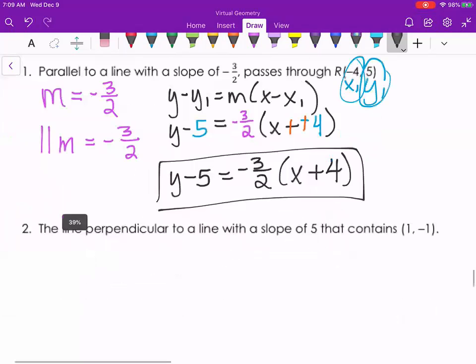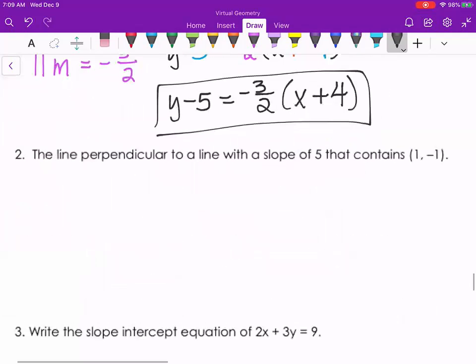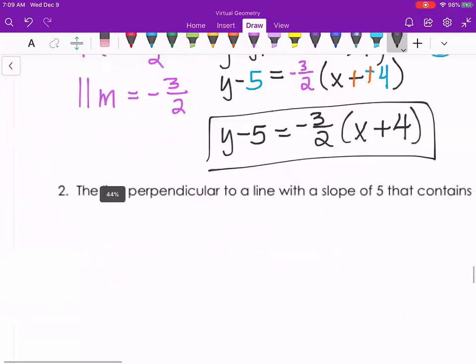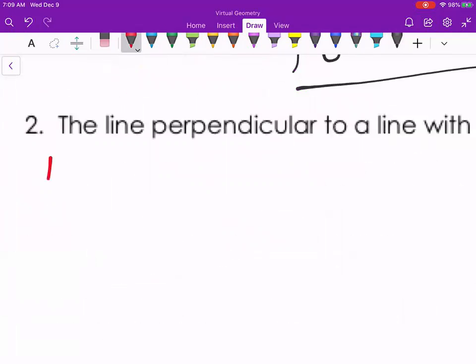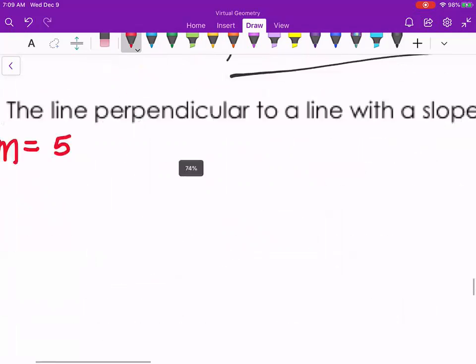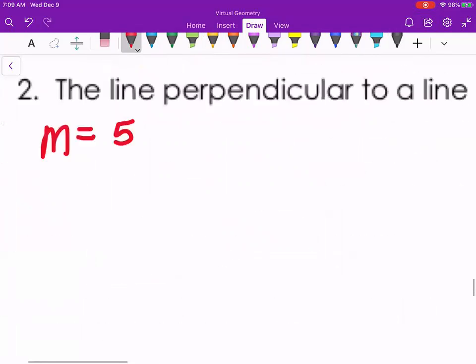All right, now let's see what happens if we do perpendicular. This one specifically said we had a slope of 5. So we need the perpendicular.